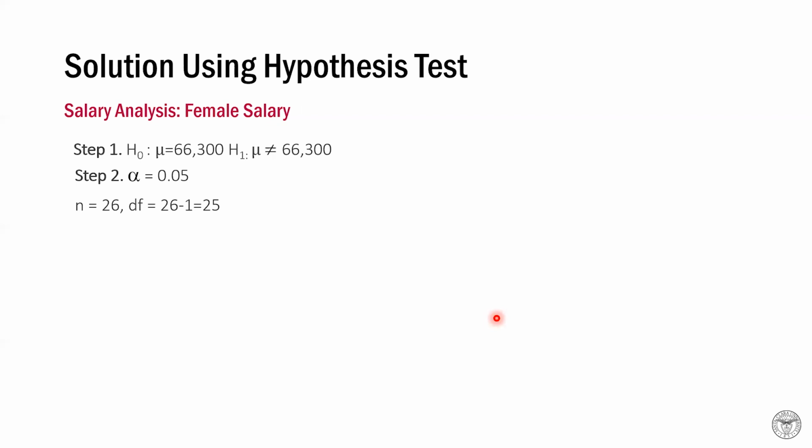Step 2, we note that the level of significance is alpha equal to 0.05. We also know that the sample size is equal to 26, so we have degrees of freedom equal to 25.